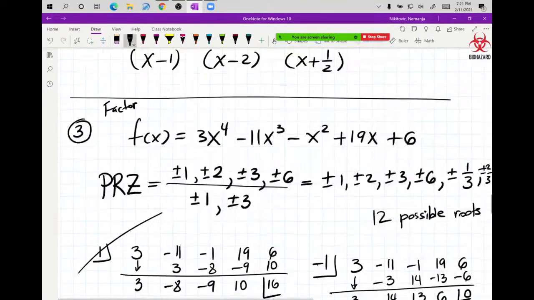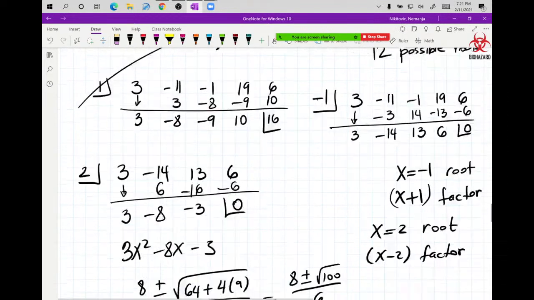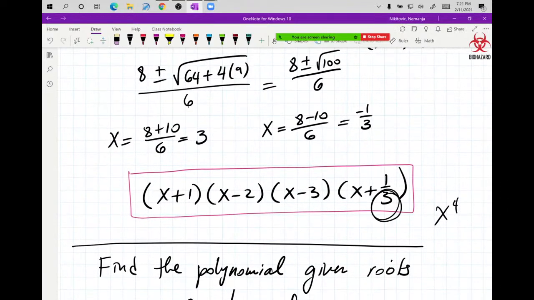Did we start with x to the fourth? No, we started with 3x to the fourth. Now, this 3x to the fourth actually is encoded right there, but we don't see it. So technically, this last factor could be written as 3x plus 1.